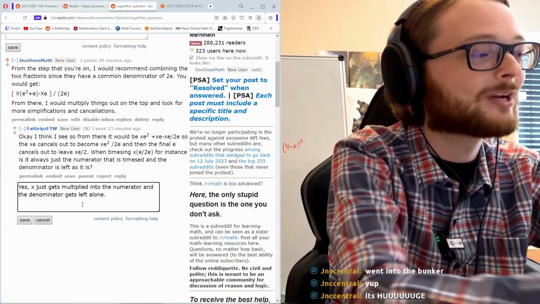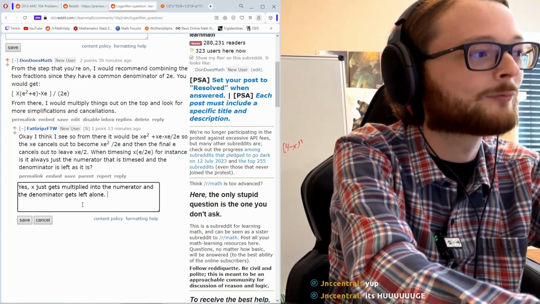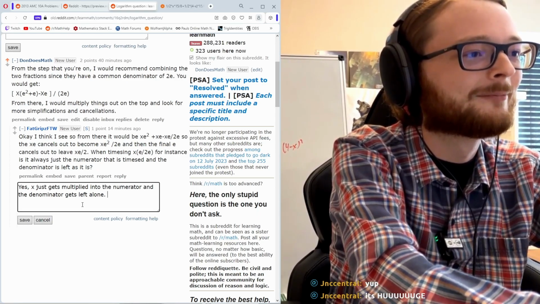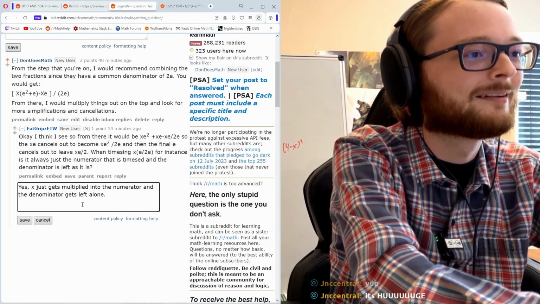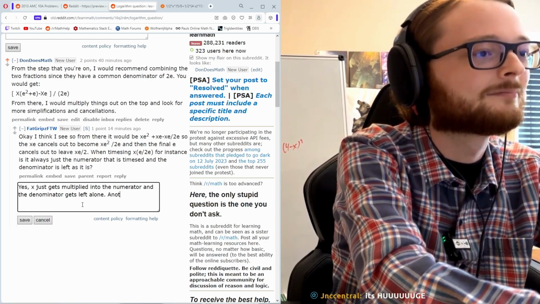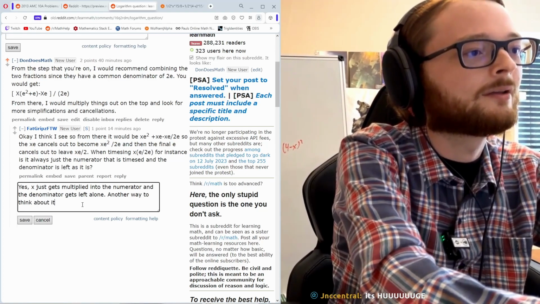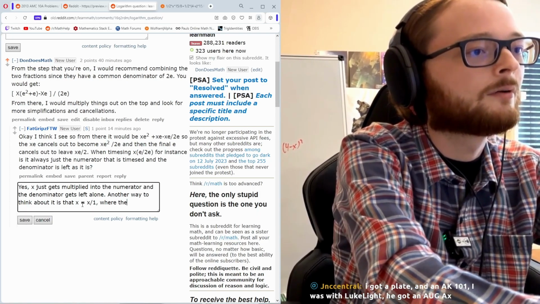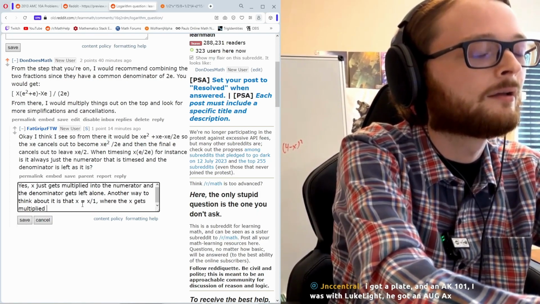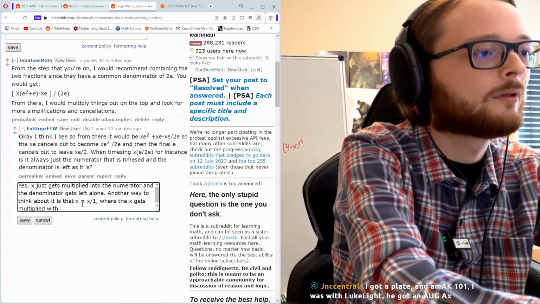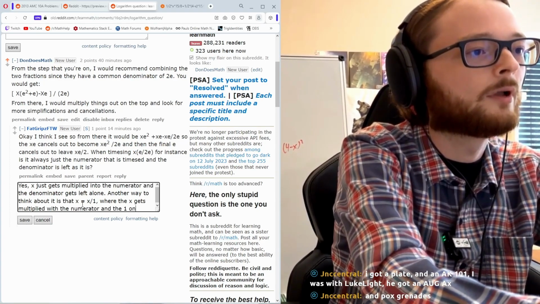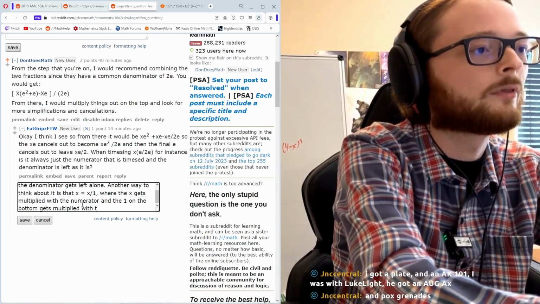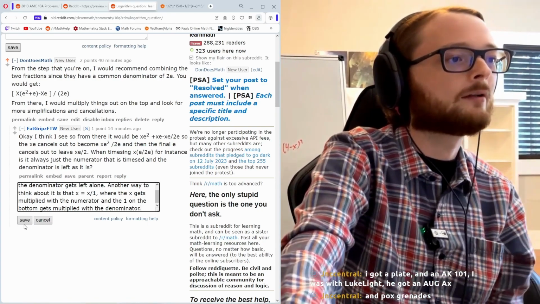Oh, so those giant things of rocks really were the roof the entire way. To think about it is that x equals x over 1, where the x gets multiplied with the numerator, and the 1 on the bottom is multiplied with the denominator. What's that?